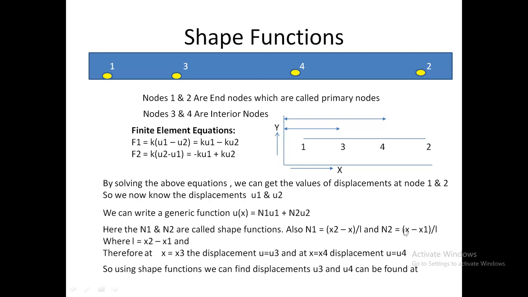Similarly, if I substitute x4 in place of x, we find N1 and N2 again, and then we substitute those values of N1 and N2, u1 and u2, and we get u4, the displacement at point 4. This way we can find the displacements at the internal nodes, u3 and u4.